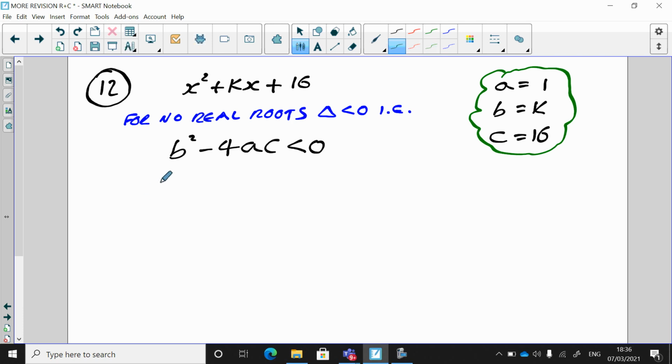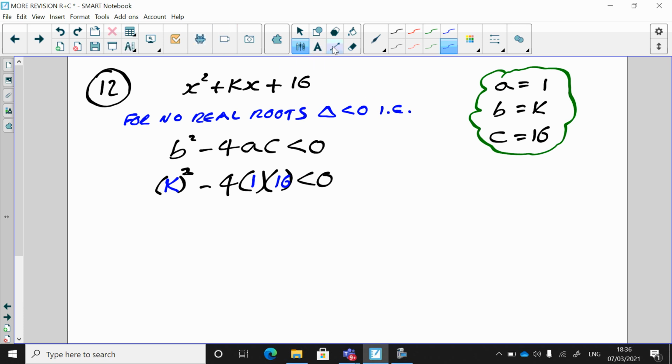So we'll go back to our discriminant there. I'm just going to fire in the appropriate values here and see how everything turns out. So b is k, a is 1, and c is 16.